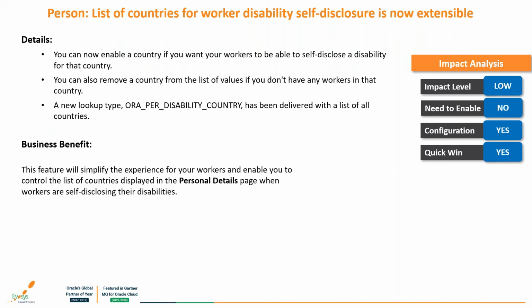Person list of countries for worker disability self-disclosure is now extensible. Oracle has provided us a new lookup type called ORA_PER_DISABILITY_COUNTRY. If your company has capabilities or options where disability is considered, Oracle has listed the worker disability.